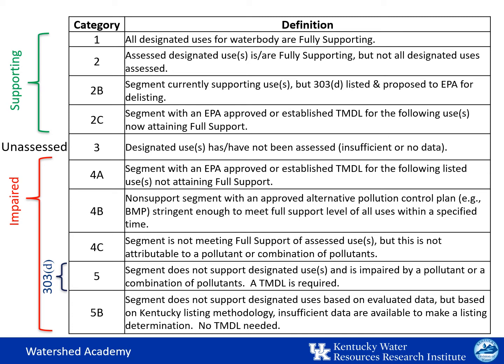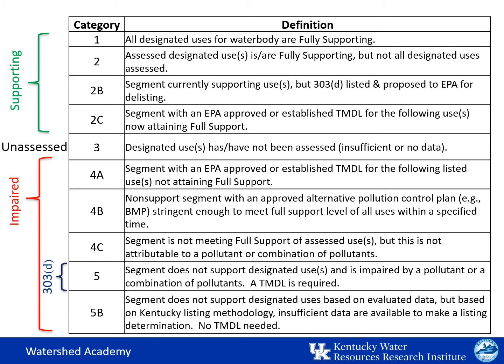Water bodies are put into different categories depending upon the assessment decision made for that water body. This table shows the numeric rating for a variety of assessment categories. Categories 1 through 2C are considered supporting the use. Category 3 indicates that the water body has not been assessed.